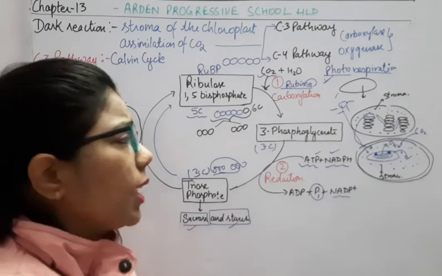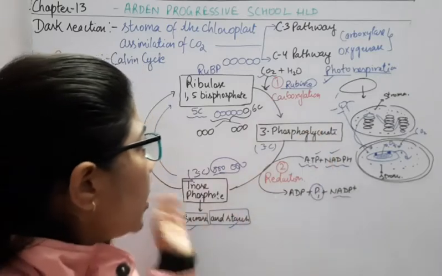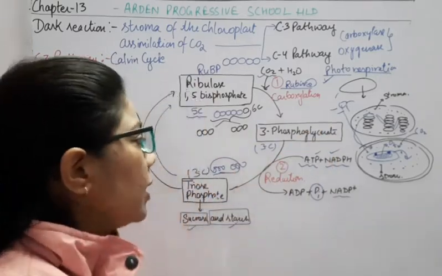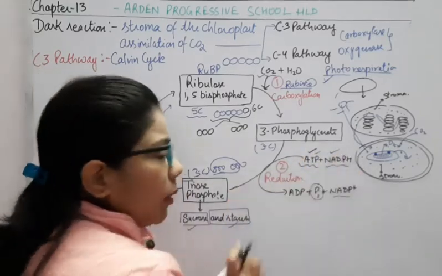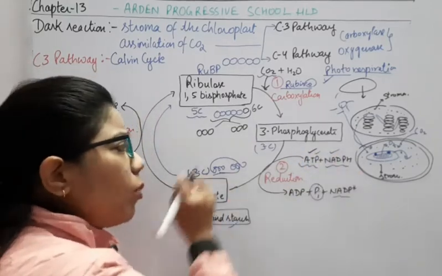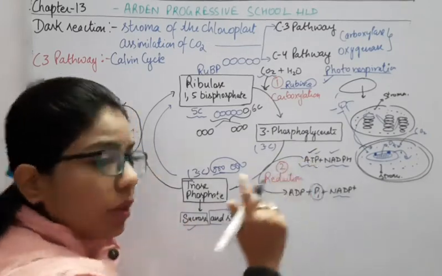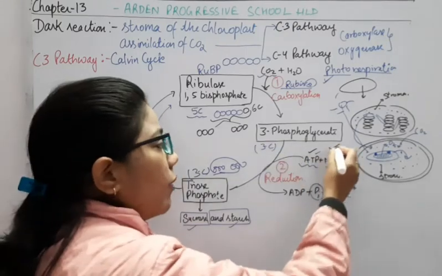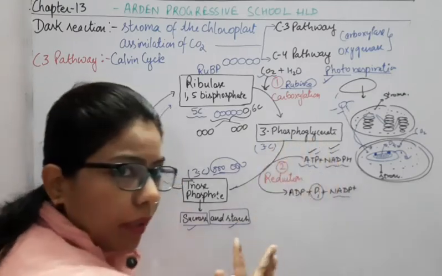So how many ATP and how many NADPH are we using in this whole C3 cycle? Here there is use of 1 ATP and 1 NADPH for 1 molecule, but for 2 molecules we have 2 ATP and 2 NADPH, right?